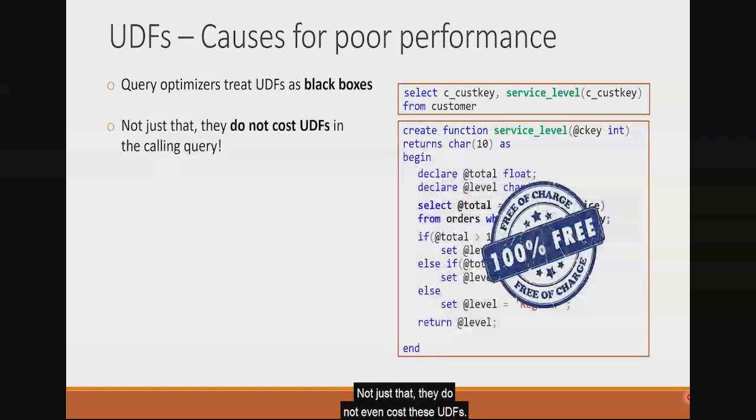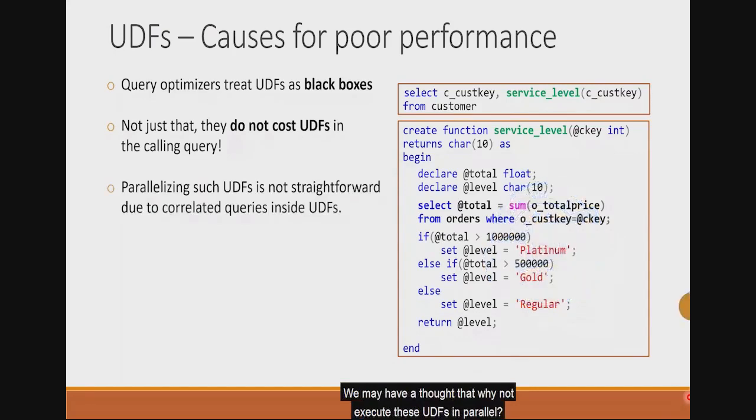Not just that, they do not even cost these UDFs. Usually, query optimization is a cost-based process where each operation is costed and the least cost operations are chosen. It turns out that query optimizers do not cost UDFs at all. So we may wonder why not execute these UDFs in parallel?